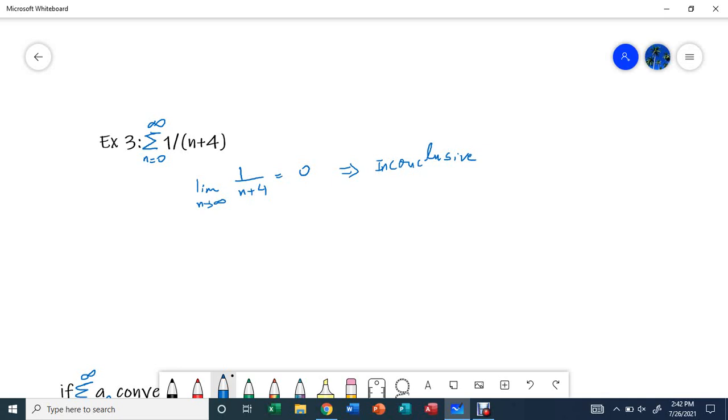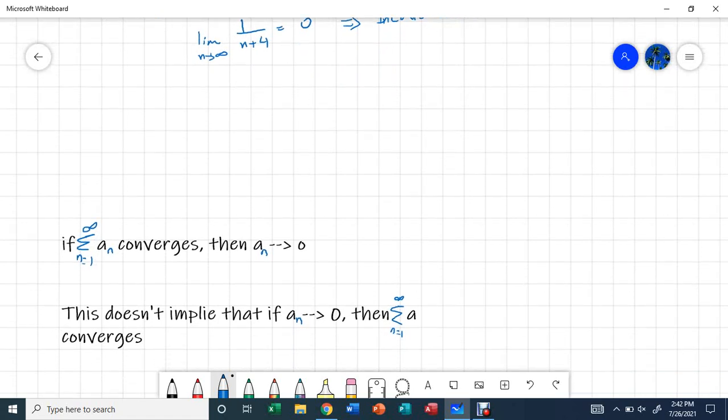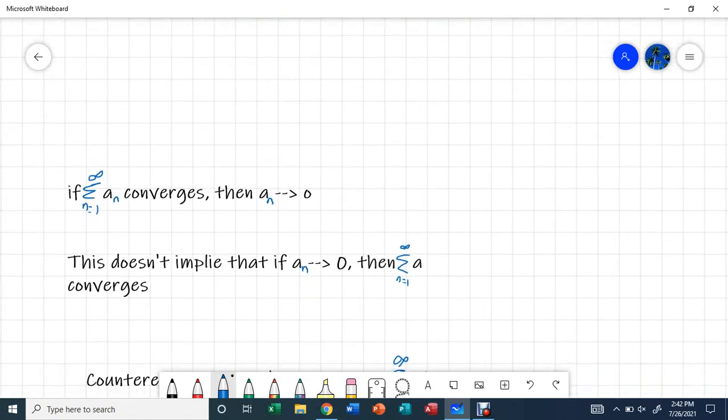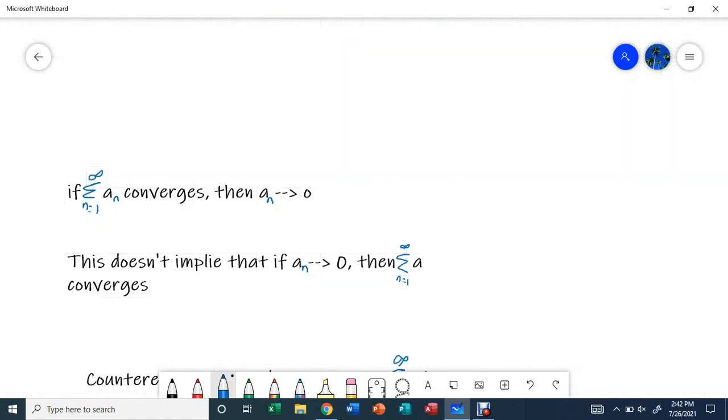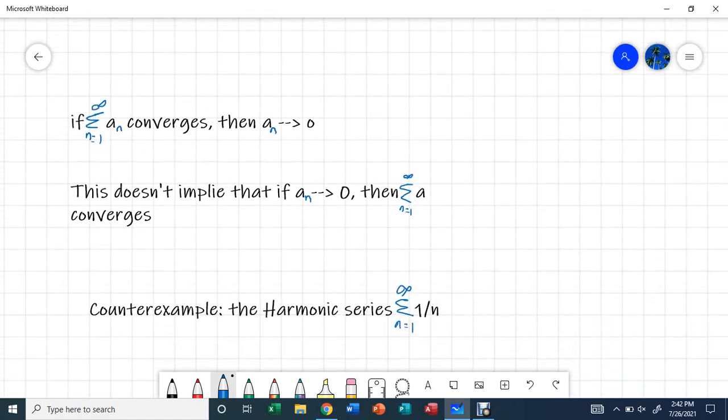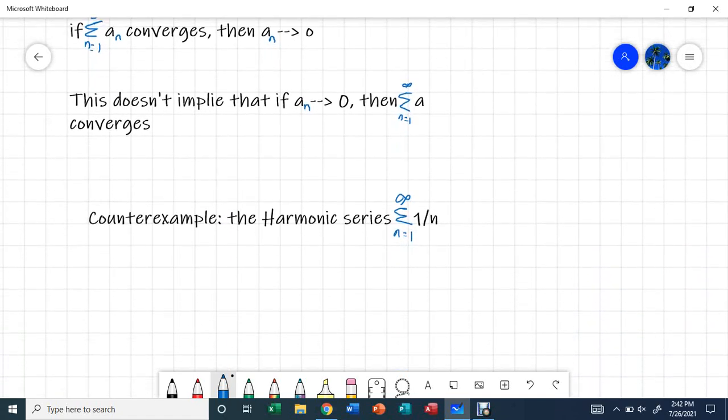And this leads us to another theorem. If the series a_n converges, then a_n goes to 0. But this doesn't mean that if a_n goes to 0, then the series converges. And there is an example here, the harmonic series.